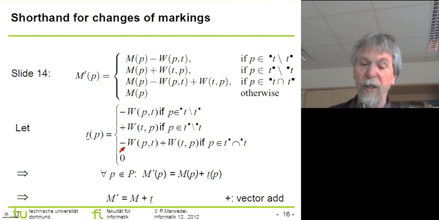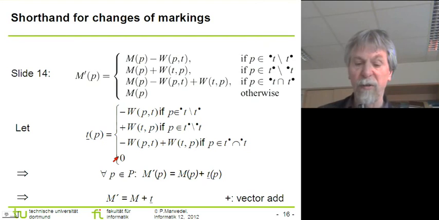And if that place is a part of a loop, then the difference between incoming and outgoing edge weights will tell us by how much we have to change the number of tokens. Obviously, if there is no edge involved, then the number of tokens will not change.